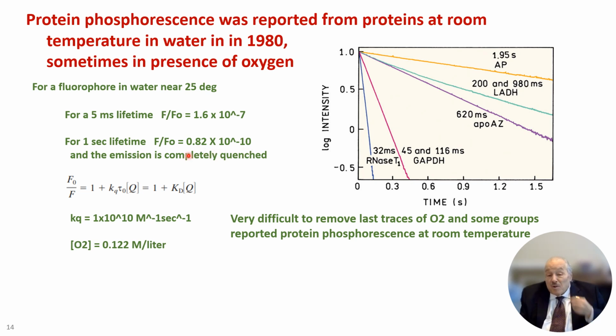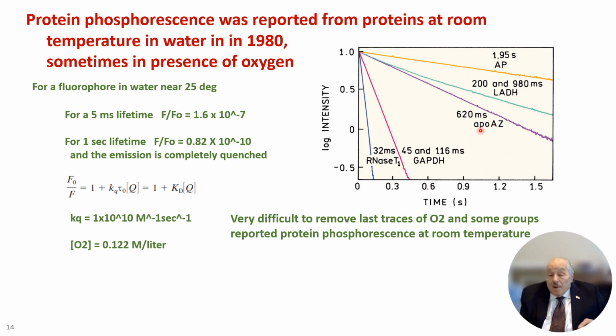If it's a 5 millisecond lifetime, it's quenched by a factor of 10 to the minus 7th of the original value. If it's a 1 second lifetime, it's quenched by a factor of 10 to the minus 10th of the original value. So it's completely quenched.